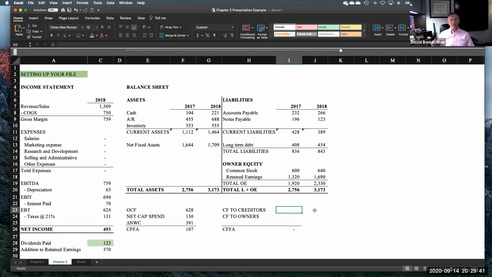Now let's go to the identity side and talk about the cash flow to creditors plus the cash flow to shareholders or owners. When we think about creditors, and we think about the income statement and the balance sheet, what items on the income statement do you think relate specifically to the creditors?